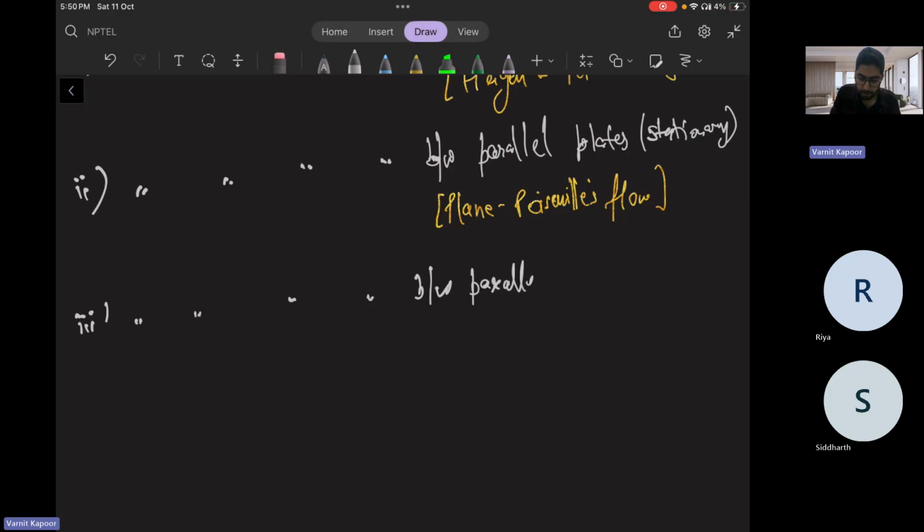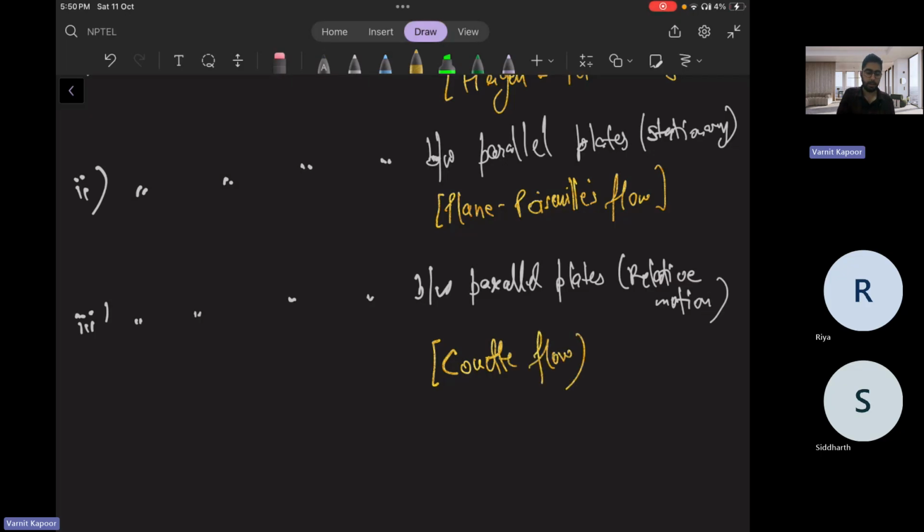Between parallel plates under relative motion. Okay, and this kind of flow is called Couette flow. Okay, this is known as Couette flow.